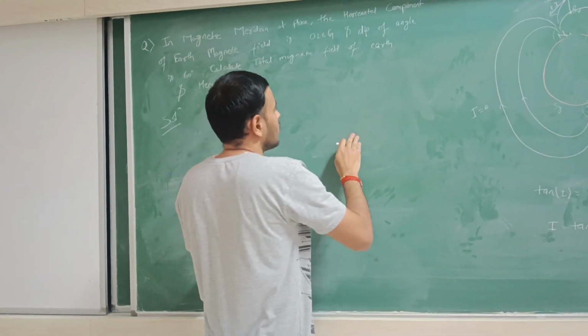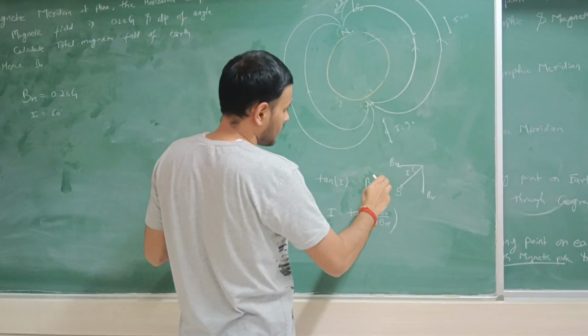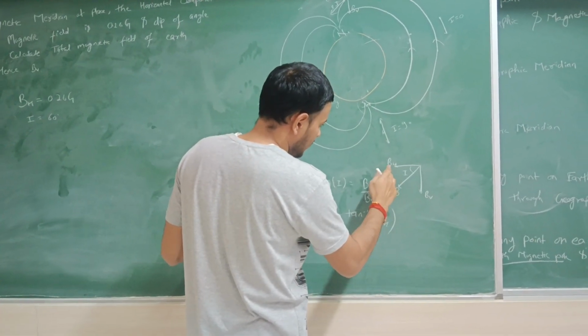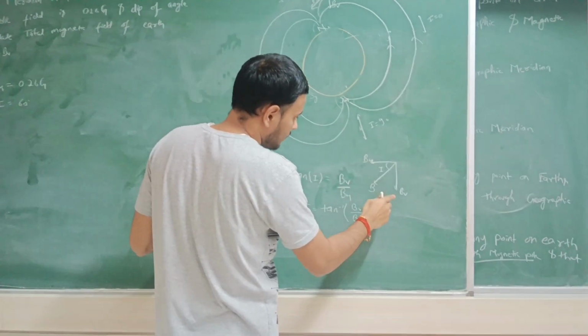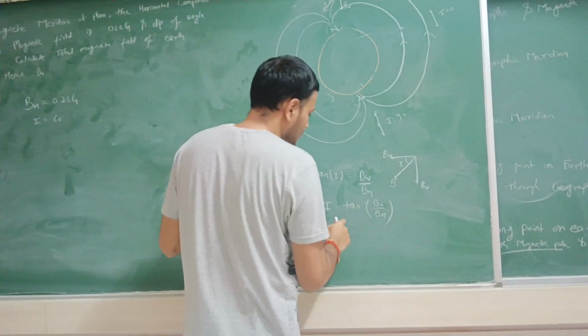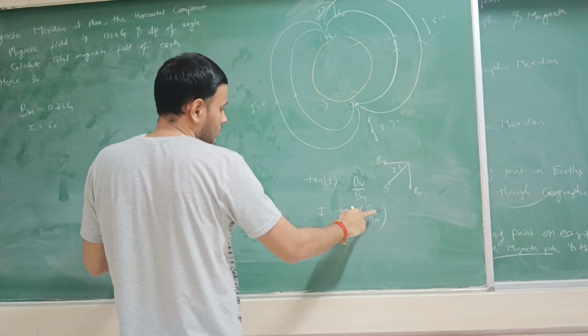As we studied, in the diagram there is the horizontal component of the magnetic field, the vertical component of the magnetic field, and the relation between them, that is I is equal to tan inverse of BV by BH.